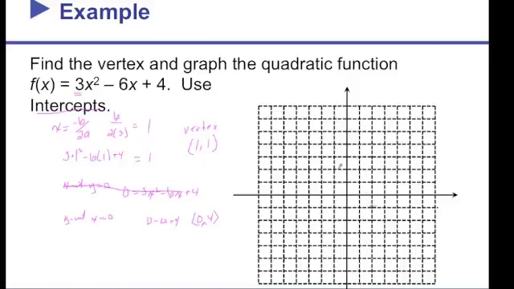So let me number the graph. Vertex is at 1, 1 and it's opening up. You can see it's not going to cross the x-axis. But the y-intercept is 0, 4. Now you notice we have an axis of symmetry, which would be right here, and they fold and they match up.